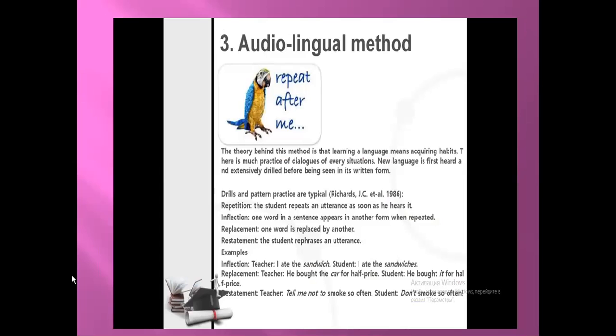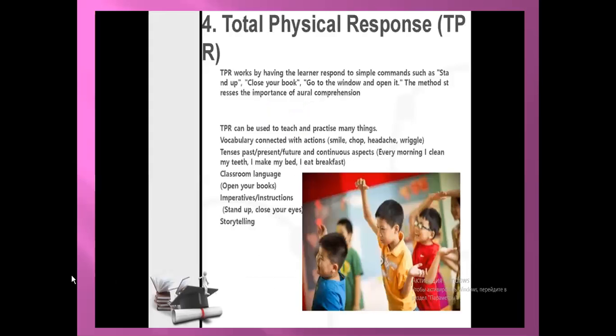Drills and pattern practice are typical: repetition, inflection, replacement, restatement, and these are the patterns of the audiolingual method.